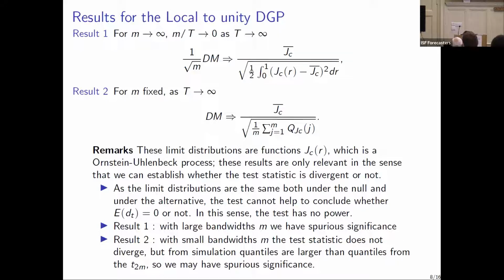So what is m again? M would be the bandwidth that I'm using when I'm estimating the long-run variance with an average periodogram. So the number of periodograms I'm using in the estimate of the long-run variance.